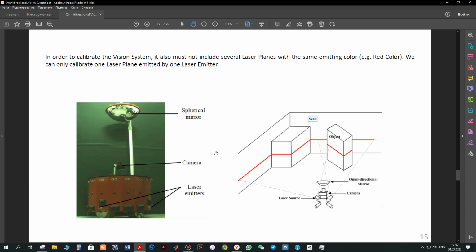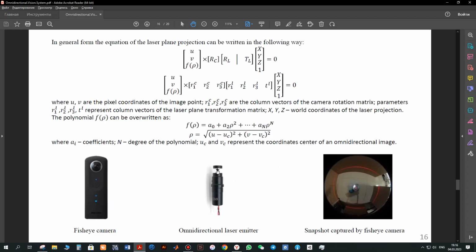We can only calibrate one laser plane emitted by one laser emitter. So it's important to include not several, but only one laser emitter. So like this one. Also it can cover all elements in a scene, but just with one laser emitter.